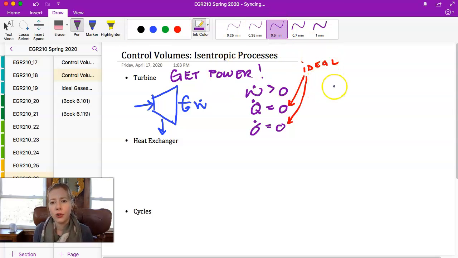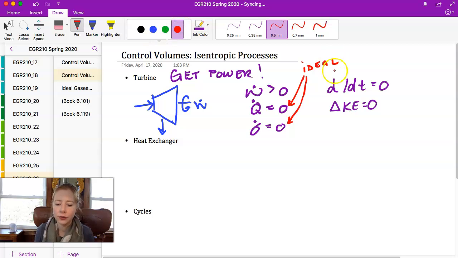And we're assuming steady state. So d dt is 0. Delta KE is 0, typically, except there's an exception to that, really just except for jet engines, where you're going to get a huge difference in velocity at the inlet and outlet. So except for jet engines, or unless you're told there's some difference between inlet and outlet velocity.